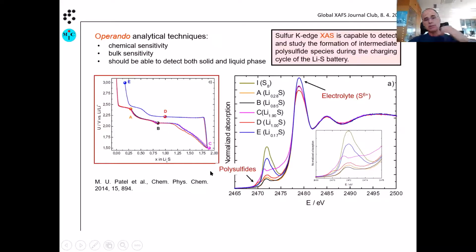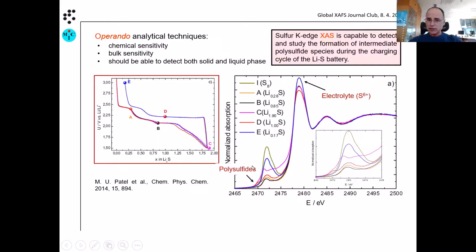Of course, people coming from the hard X-ray community would immediately say, yes, bring in the spectrometer and do this high energy resolution fluorescence detected XAS. You get sharpening, and this has been done commonly for 3D transition metals.